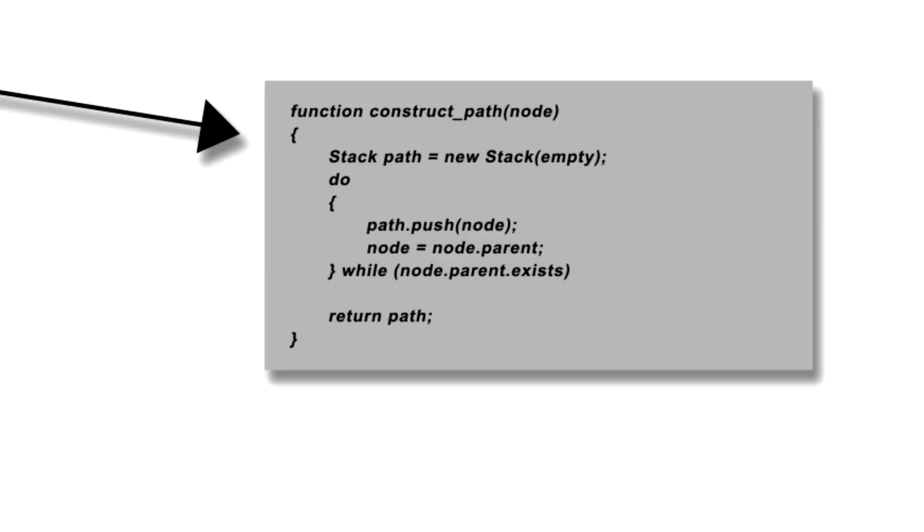Starting at the target node, it pushes that node onto the stack, and then it steps up into its parent, and then it does the same again, pushes its parent, and then steps into its parent, pushes its parent, and so on.